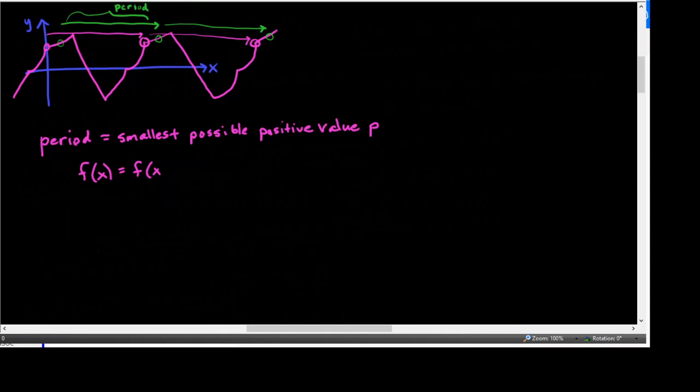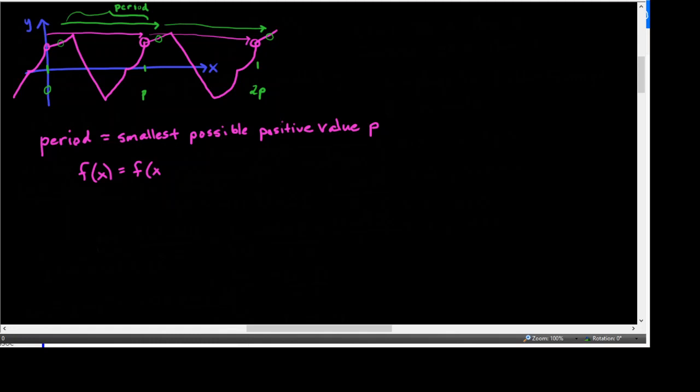And so what that shows up as down here is that you could start at f of x like 0, and then you'll have a repetition when the x value is, let's say, 1p later. And then you'll have another repetition 2p later.